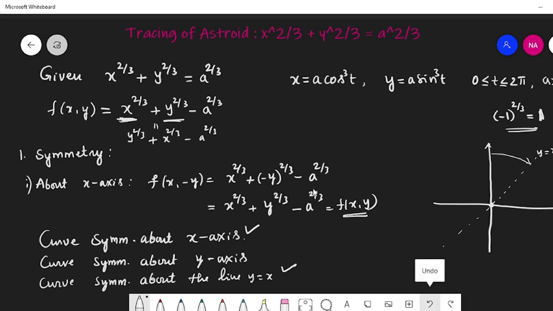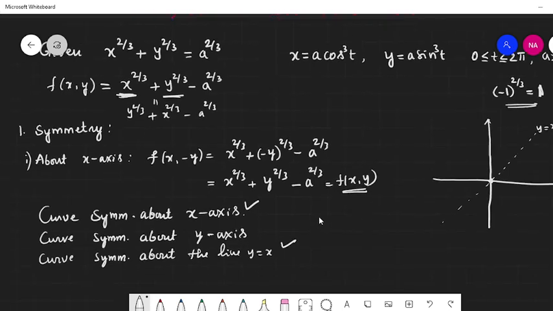So you have to worry about only this place, this one or this one, and whatever you get in one region, same thing should be reflected in the other region. So this is the advantage of symmetric property. Now that is the first point we had.